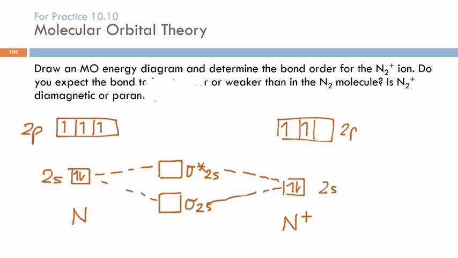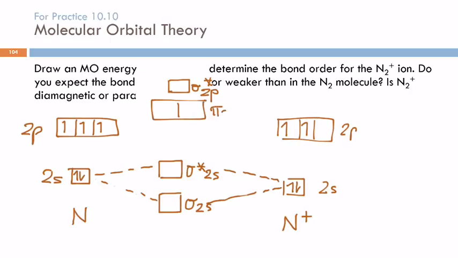So I'm going to make a little room in here. So we're going to have a sigma 2p star at the top, and then a pi 2p star. The other two were the ones we had to think about.